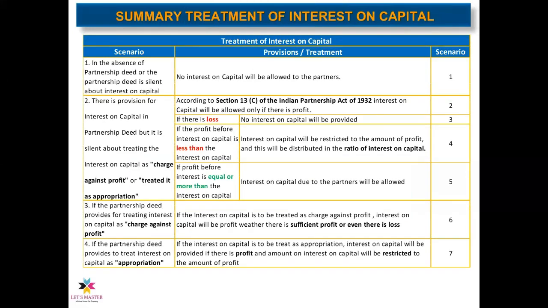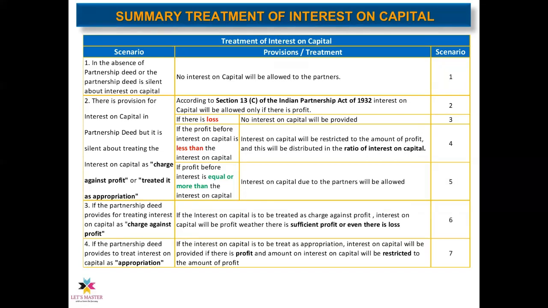On this slide, we have provided a summary of how interest on capital is treated. The first case is where there is no partnership deed, or there is a partnership deed but it is silent about interest on capital.